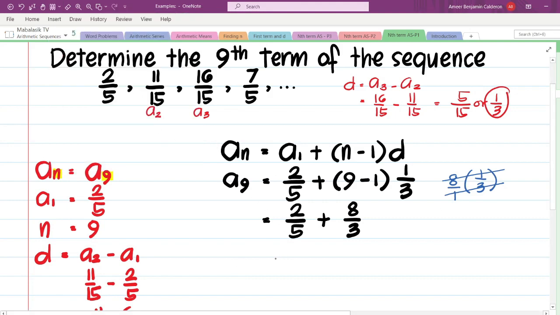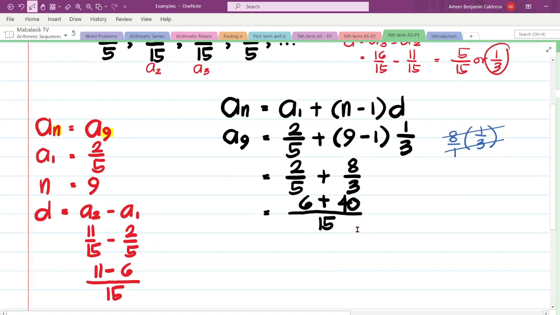Going back to our solution, we have 2/5 plus 8/3, so we can add this by getting the LCD, which is 15. So 15 divided by 5, that's 3, times 2, that is 6, plus 15 divided by 3, that's 5, times 8, that is 40.